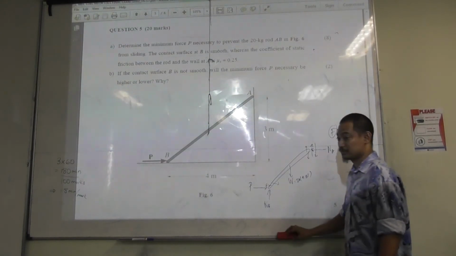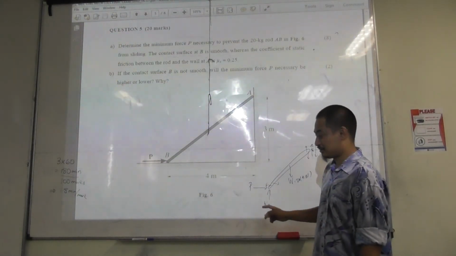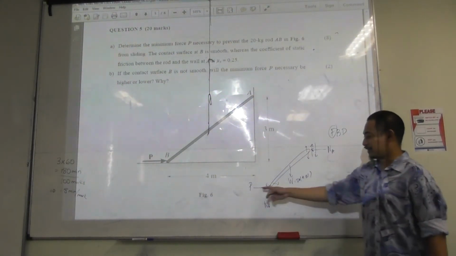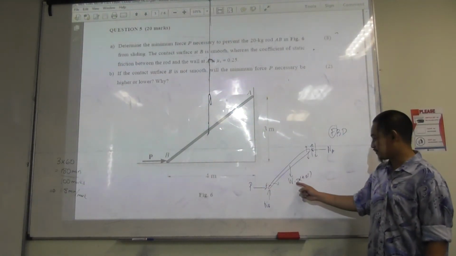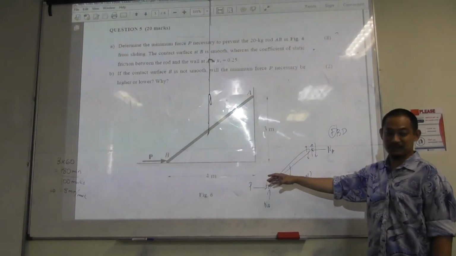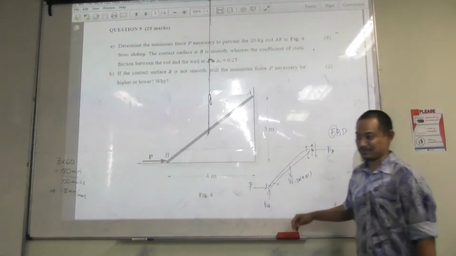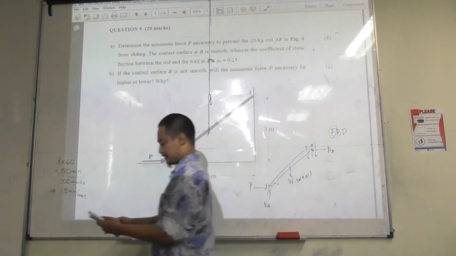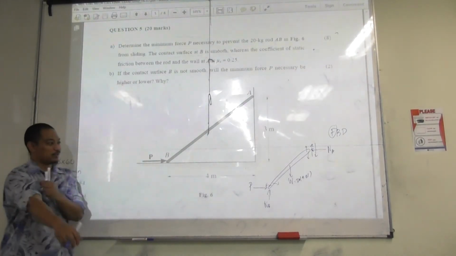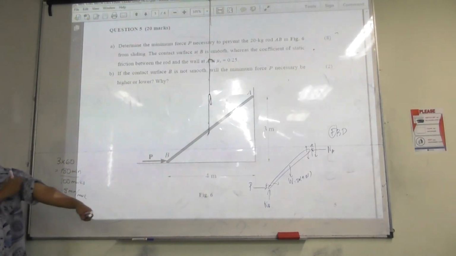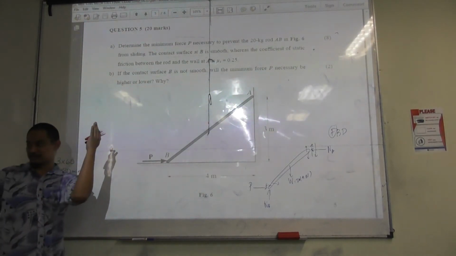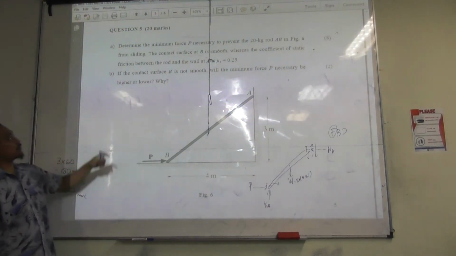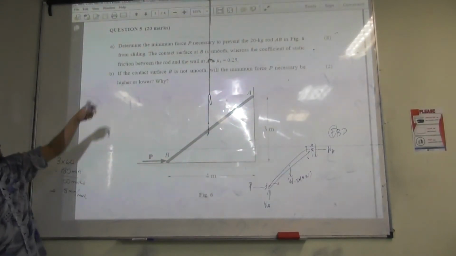Black one. Why? How do you know when the push is going up? Because this weight might be pushing it back. But remember the case of the box on the slanting. So you have to understand the word used, right?